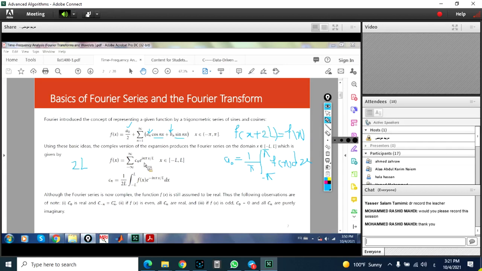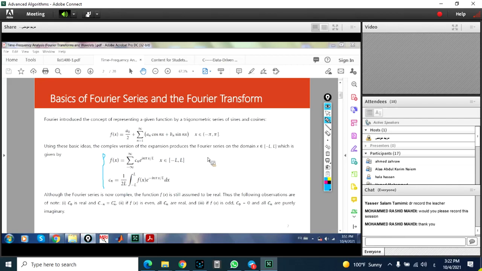For instance, f(x) is an exponential function, and the power of this is i n x, with the period here. Related to this, we have some properties.